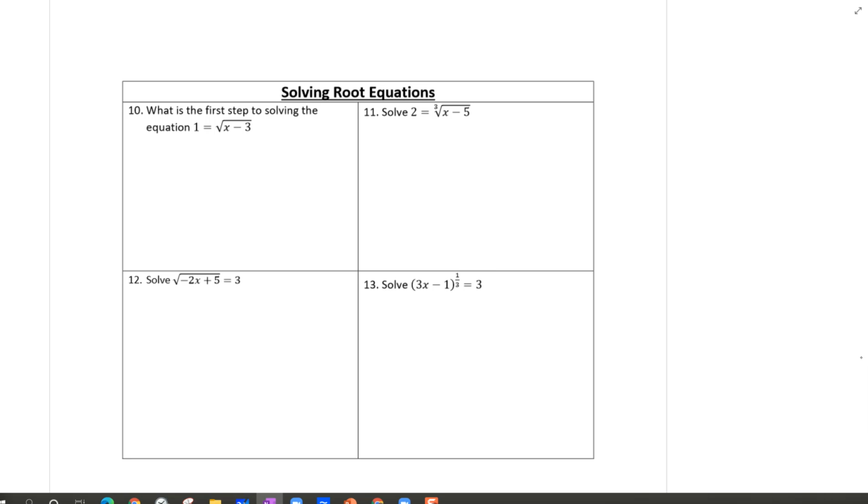This doesn't ask you to solve it. It just asks you what the first step is, which would be just to square both sides. I'm going to go ahead and solve it. Remember, it's a square root function, we have to check it.